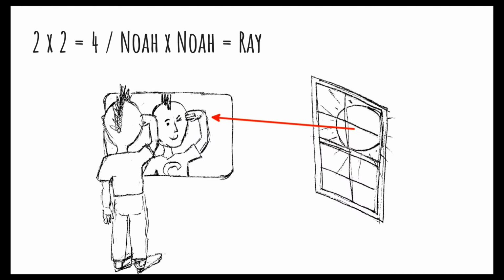Our next story starts one day when Noah woke up early in the morning. He went to the bathroom, and in his bathroom was a mirror. Noah stood in front of the mirror, and he saw another Noah, a reflection of himself, in the mirror. Thus, we had one Noah in the bathroom and one Noah in the mirror.